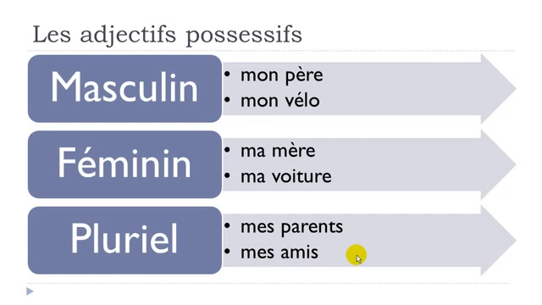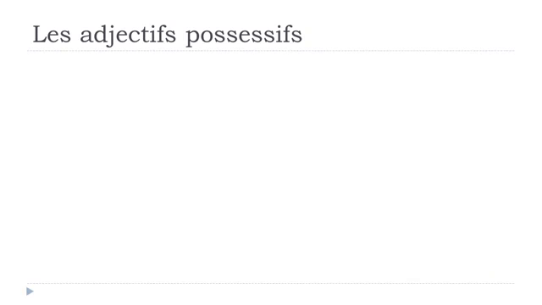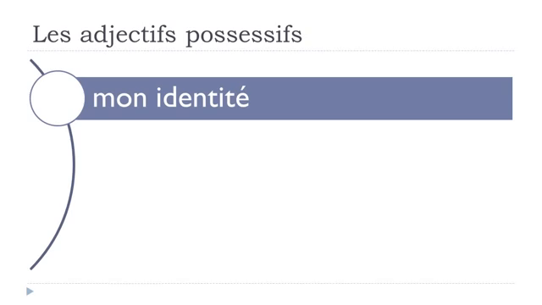All right, so I hope it's clear, because of course, as usual in French, we've got some exceptions, and the exceptions are for the feminine words, like identité, for instance. Identité does mean identity. If you look carefully at this word, you can notice that it is starting with a vowel, so I in that case.